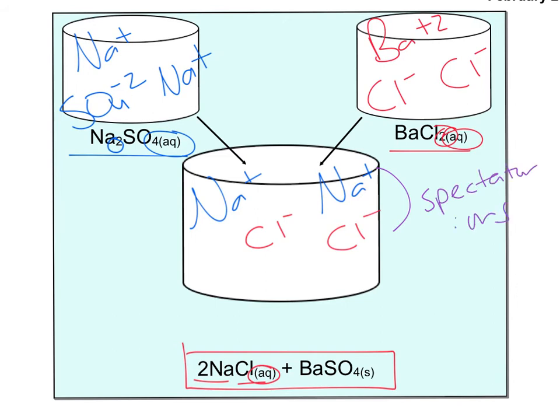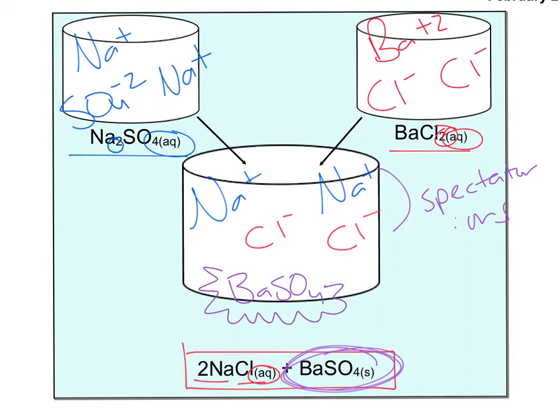Now, what actually happens is this. Barium sulfate makes a solid. So when the barium over here and the sulfate over here get poured together into this beaker, they're attracted to each other. They find each other to make this barium sulfate.